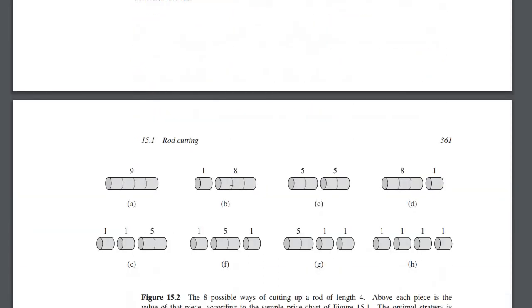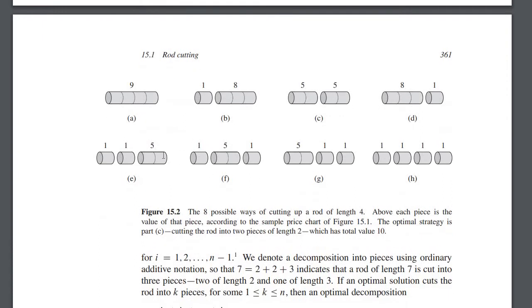So how can we deal with this problem? Here is the example solved in the book, in which the book says that there is a piece of rod of 4 units. If we sell the complete piece, the price will be 9 units, and we can make different combinations. So we need to identify which combination gives us the maximum price.